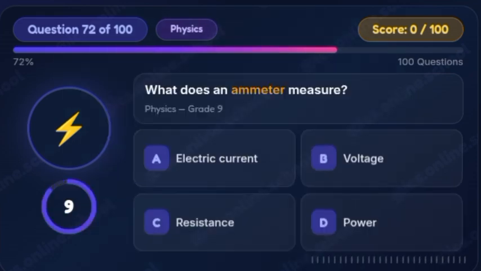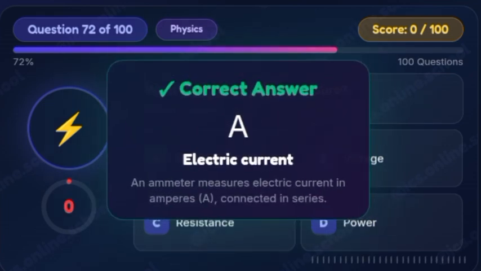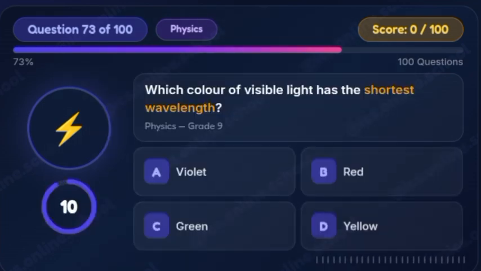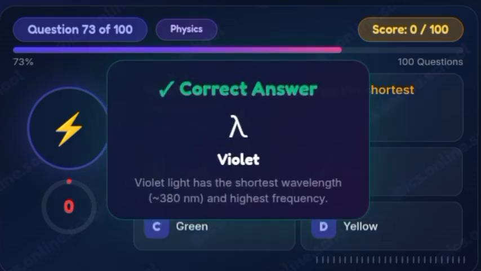What does an ammeter measure? Electric current. Which color of visible light has the shortest wavelength? Violet.